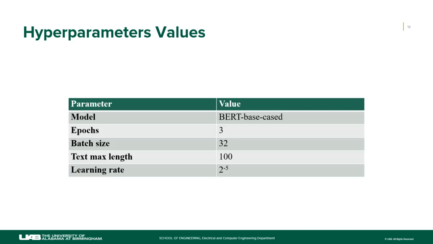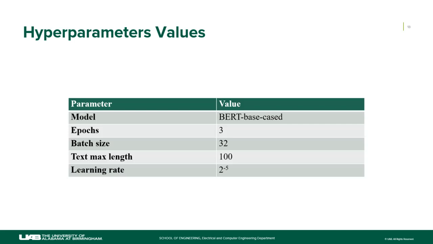So instead, we considered one of the recommended values for each hyperparameter that was suggested by the developers of BERT in their paper. For our model, we considered the BERT-base model from the Hugging Face Transformers library.